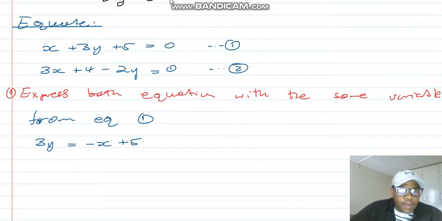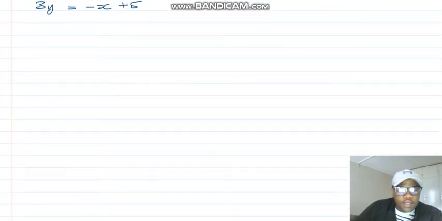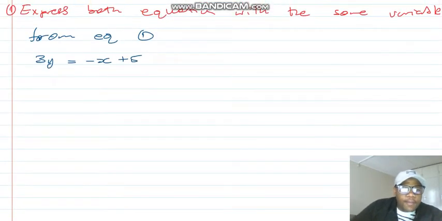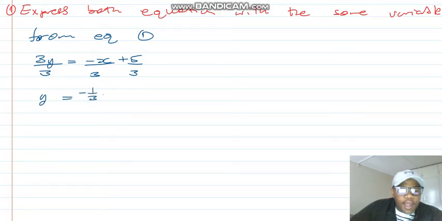So I want to divide by 3 here, and by 3 there, and by 3. So you will have y equals negative 1 over 3x plus 5 over 3.